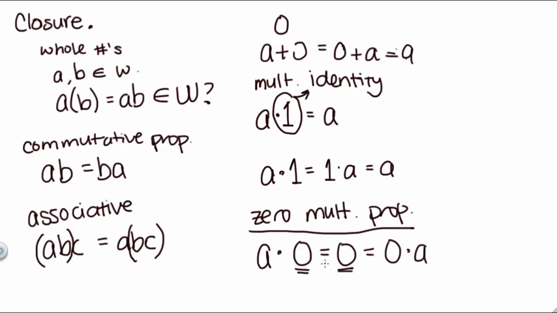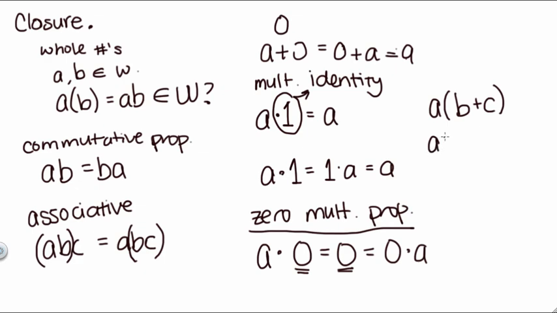And let's look at one more thing. So now at this point we're going to combine multiplication and addition. If we have 3 whole numbers, A, B, and C, say we're adding B plus C and then multiplying by A, the distributive property states that you could do it in this order, or you could multiply first.